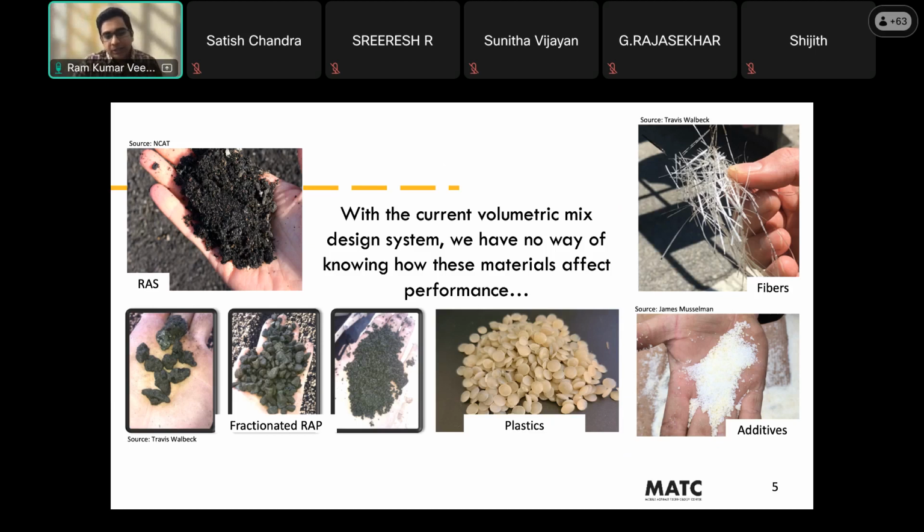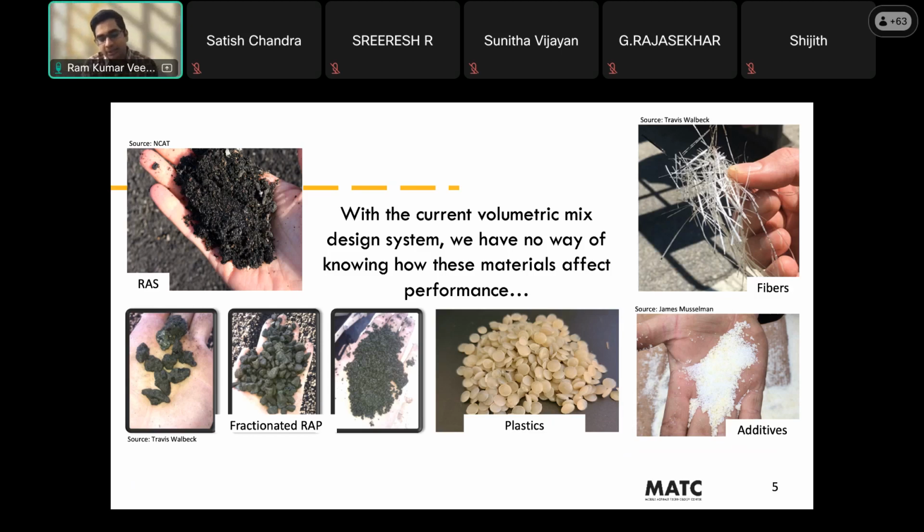And as far as plastics and fibers, these are known to enhance certain properties of asphalt mixtures, but the performance of these materials is not completely understood. So it's necessary to evaluate the performance of these new materials being added into asphalt mixtures.